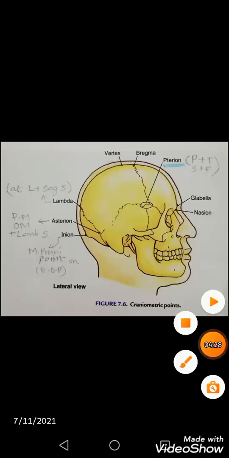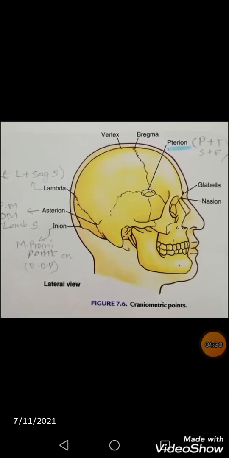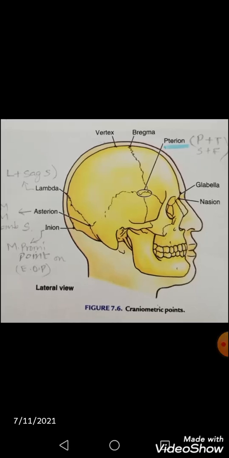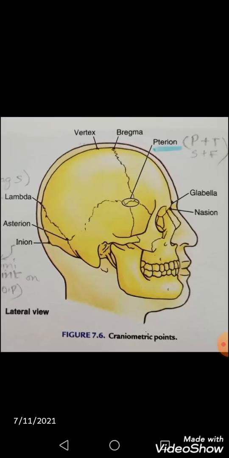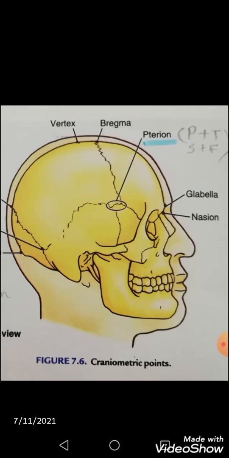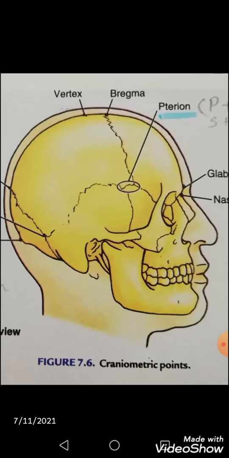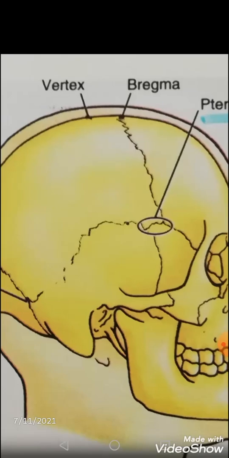Now a schematic representation of various important points. From the anterior aspect, you would observe the glabella, the median eminence, and just below it at the root of the nasal bone, the nasion is there. Then you can visualize the pterion. Then you can see the bregma, the place where the anterior fontanelle was.